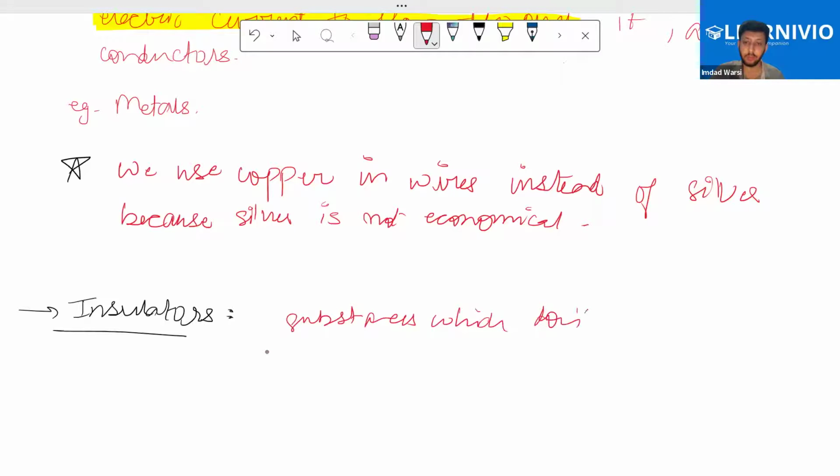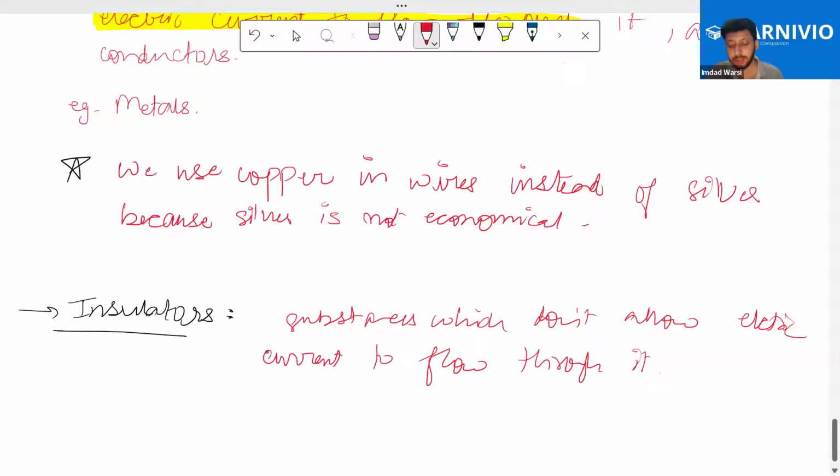Examples would be non-metals, except graphite, such as plastic and wood, right? These are all examples of insulators.